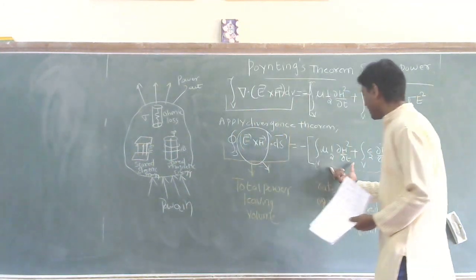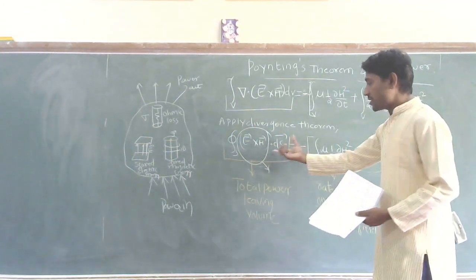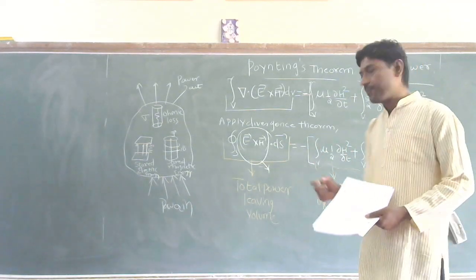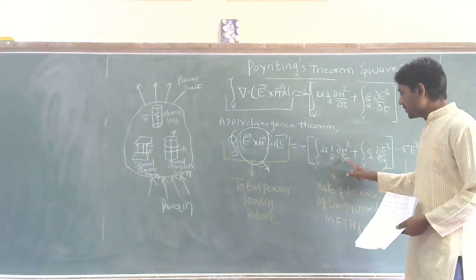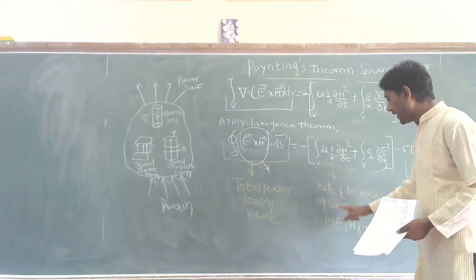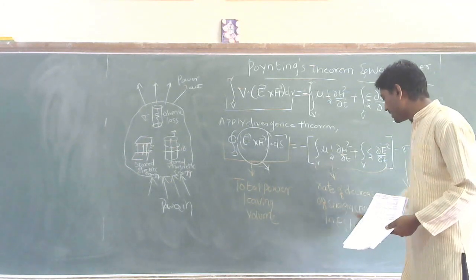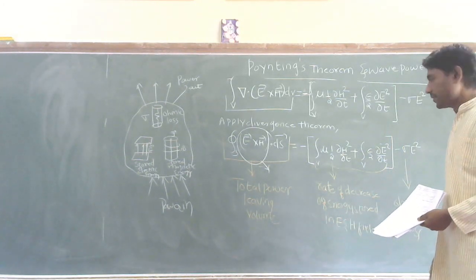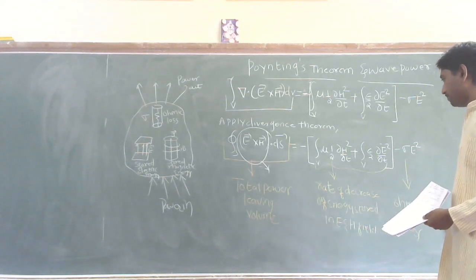We are speaking in terms of power, and power is the rate of flow of energy. So what we have is the rate of decrease of energy stored in the E and H fields.